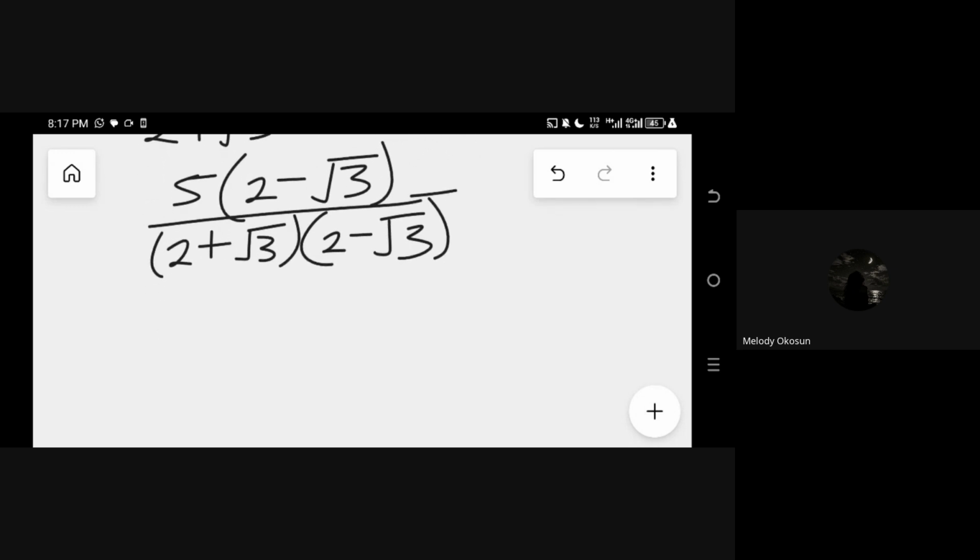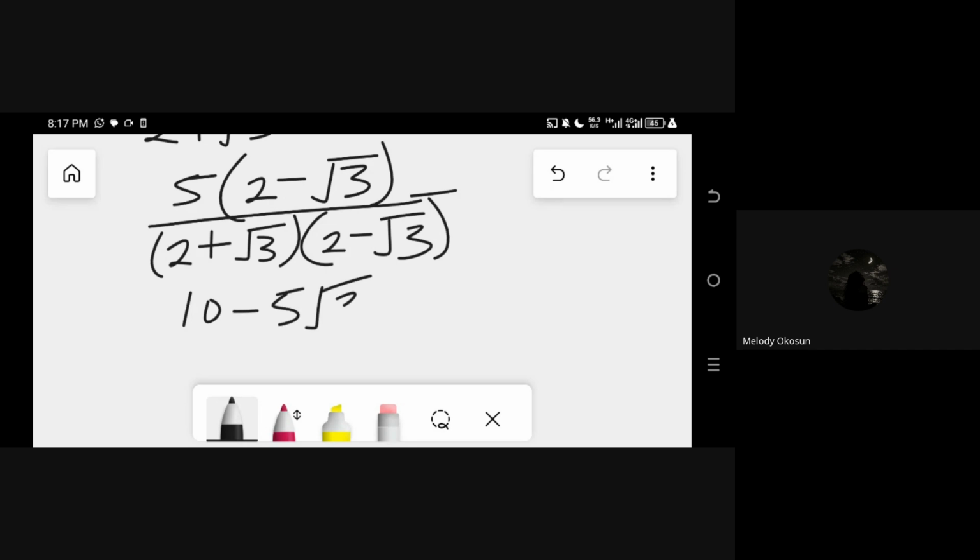Now, expanding the bracket at the top, we have 5 times 2 to be 10 minus 5 times root 3 to be 5 root 3.